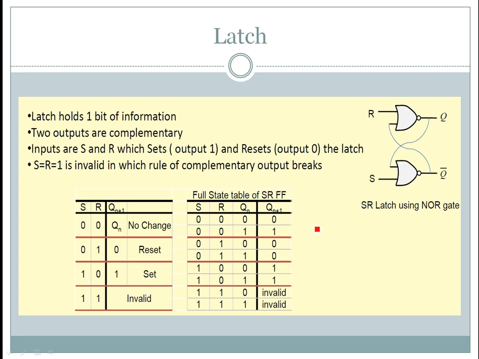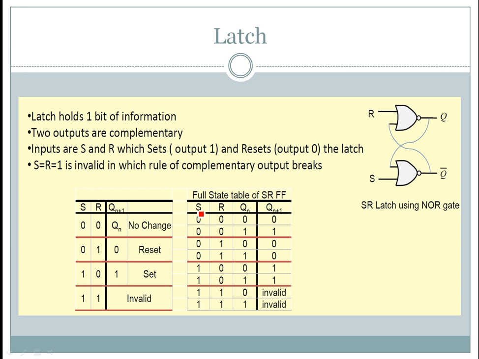Now let's consider the truth table of this SR latch, or you can say the full state table of the SR latch. Here S and R are the inputs, and Qn represents the initial state of the SR latch output, and Qn plus 1 is the next state of the latch.